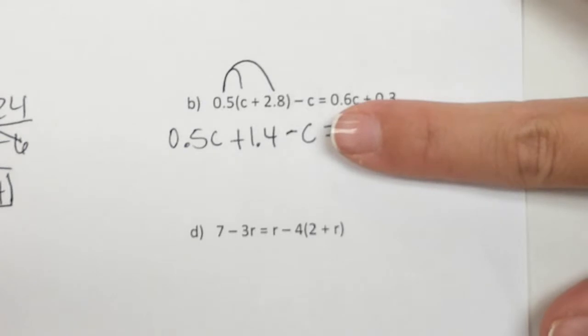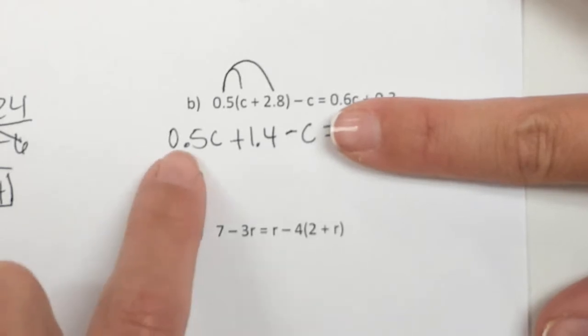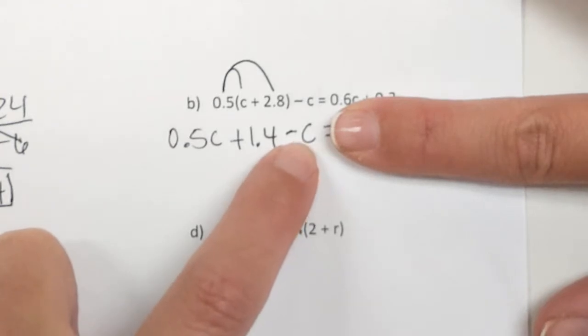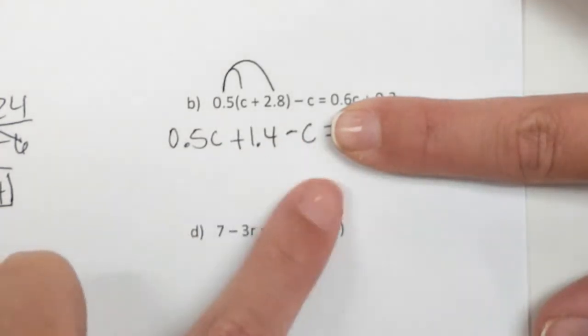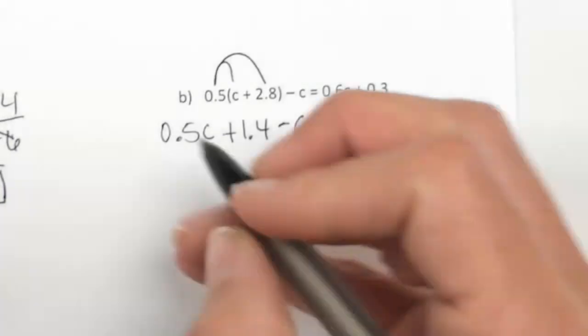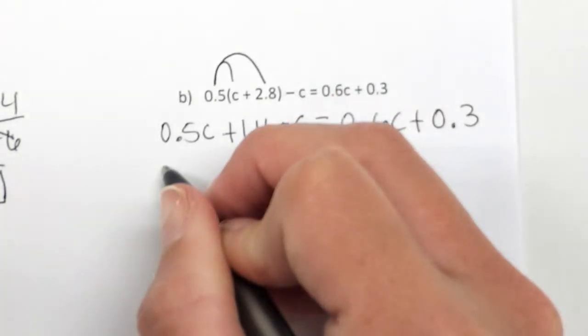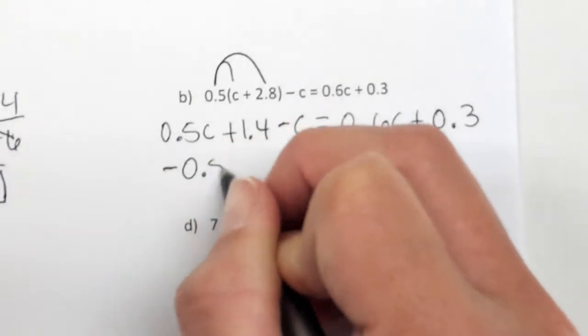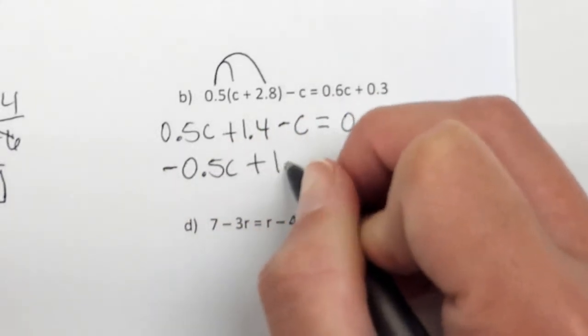Can we combine anything on this side? Which ones? Good. So really, we're just doing 0.5 minus 1, right? What's the number in front of here? 1. Good. So what is 0.5 minus 1? Just 0.5? Good. Plus 1.4.